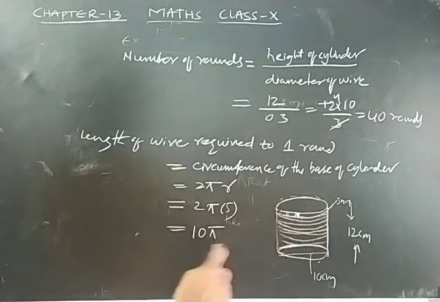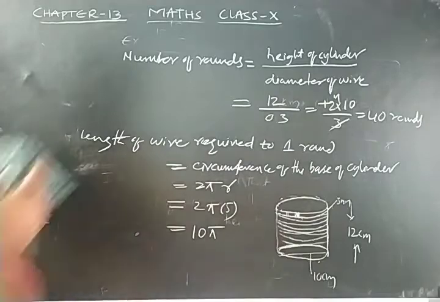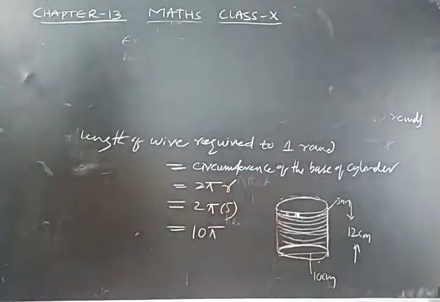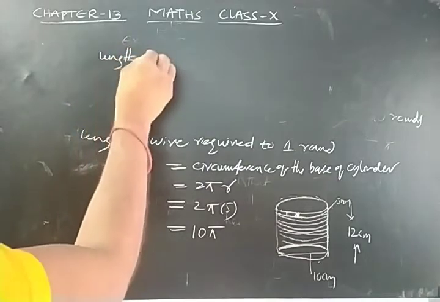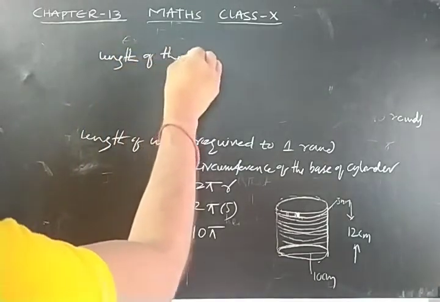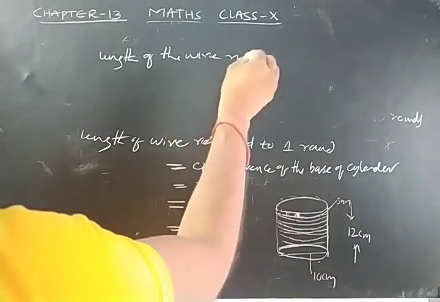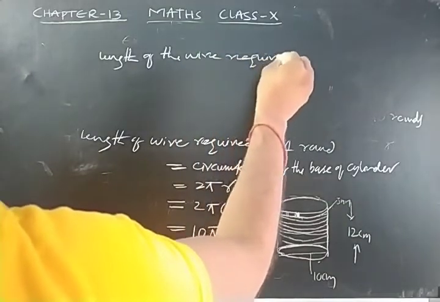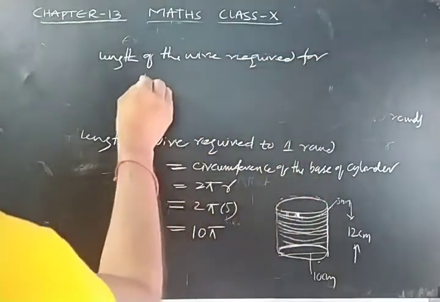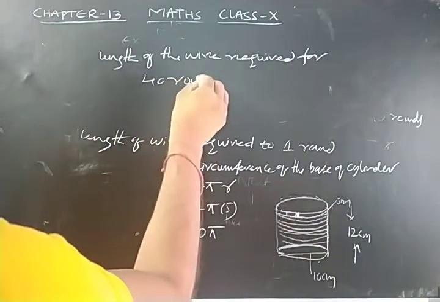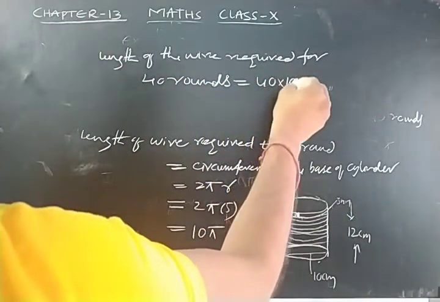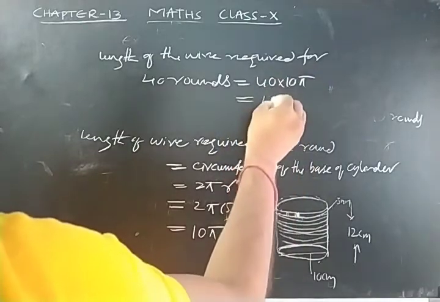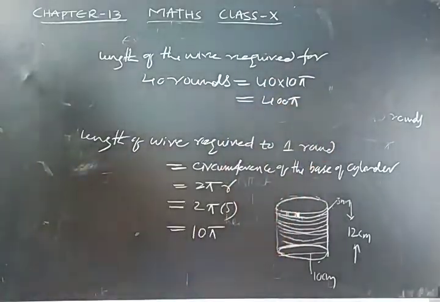For 1 round it is 10 pi; for 40 rounds, the length of the wire required is equal to 40 into 10 pi. So 400 pi. So the length of the wire is 400 pi.